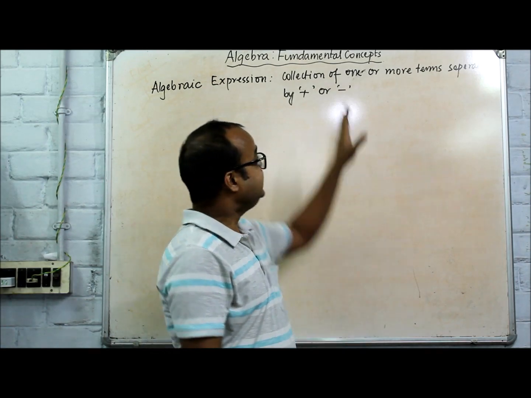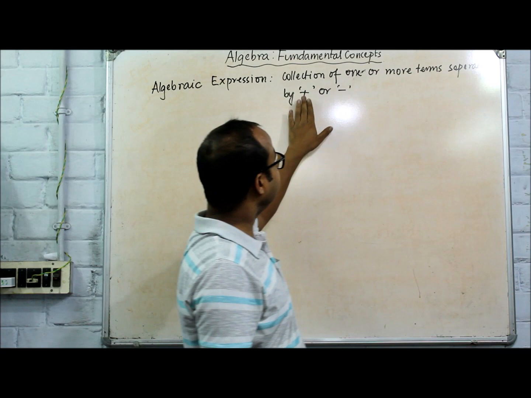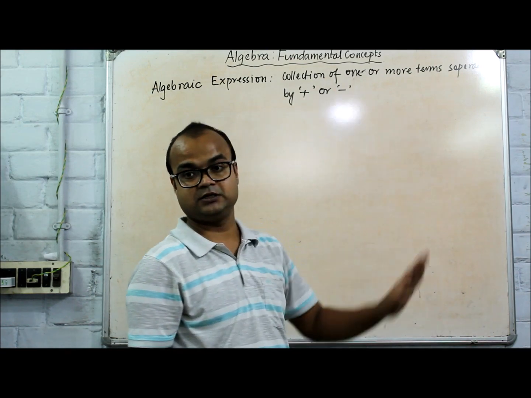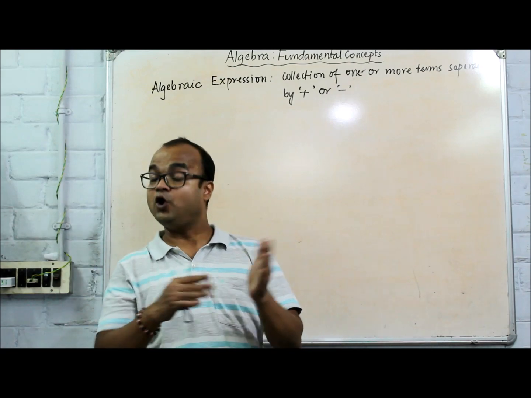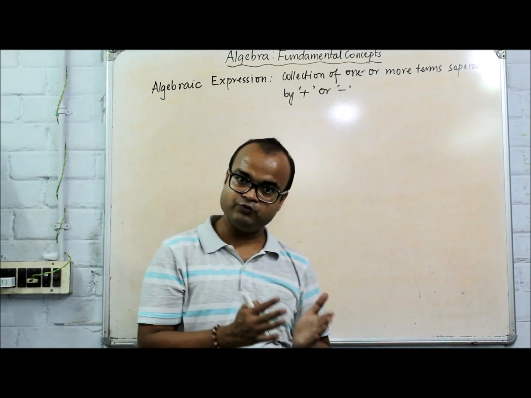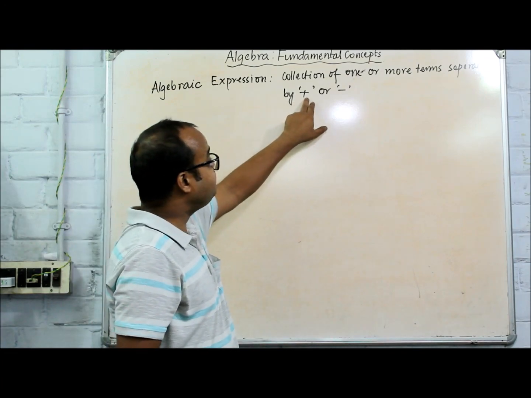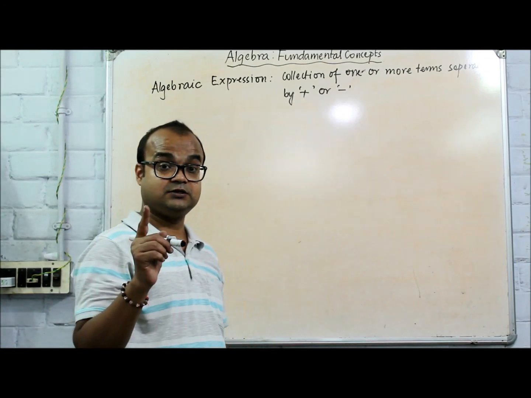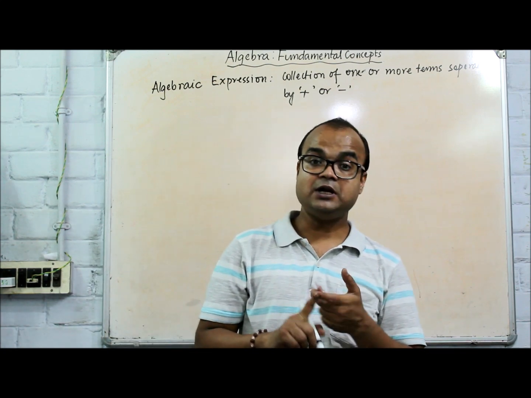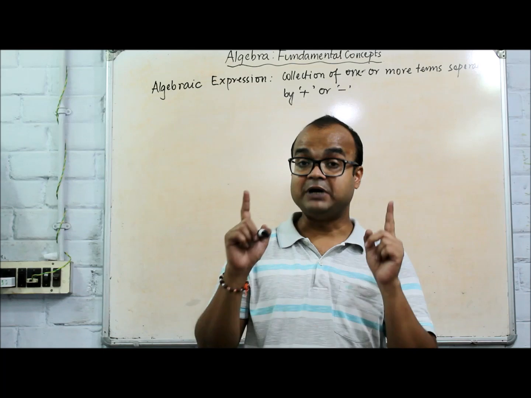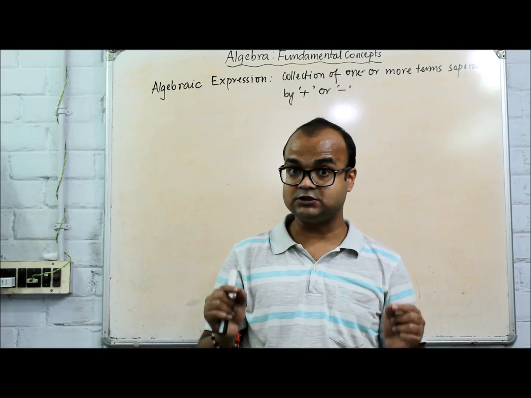Algebraic expression is a collection of one or more terms separated by plus or minus. It might be one, it might be more than one, separated by plus or minus sign. We will not consider multiplication and division, because multiplication and division do not separate the terms.